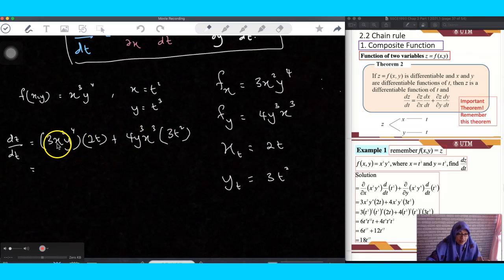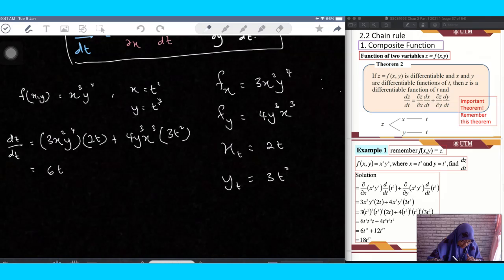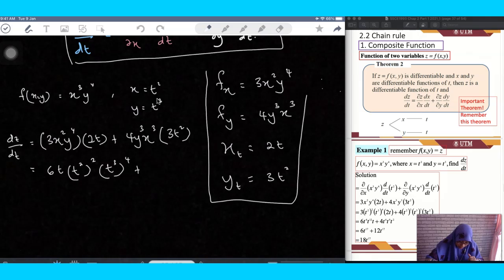So how can you change everything here into t? You have x and y, so how can you obtain t? You just use the given functions. At the moment you have 6 times x cubed, and x cubed is t squared cubed, and y is t cubed to the power of 4. So that is the first term, plus 12 t squared, and then y cubed, which is t cubed, multiplied by x cubed, which is t squared cubed.